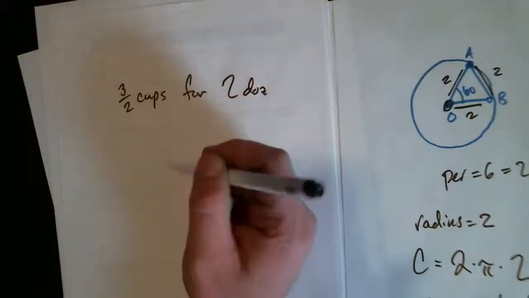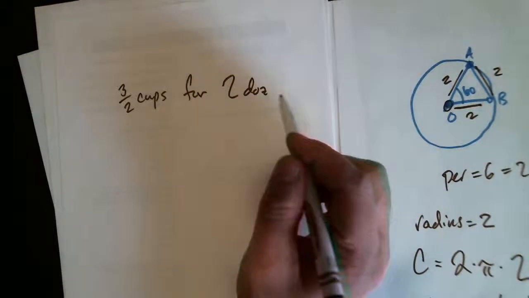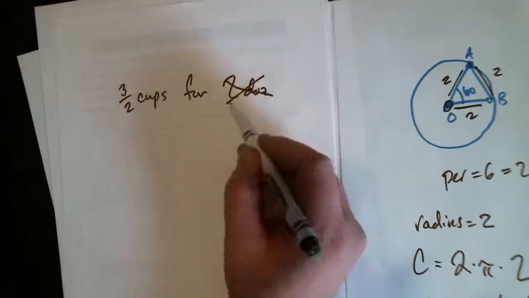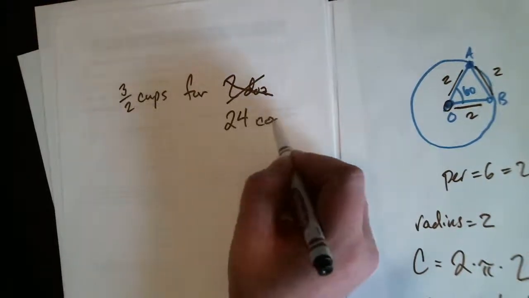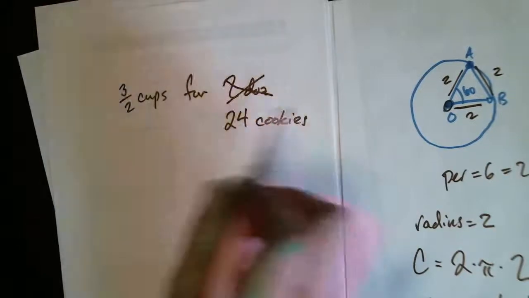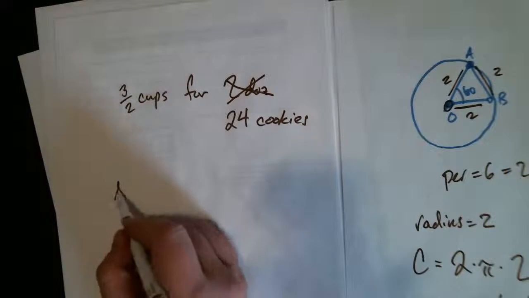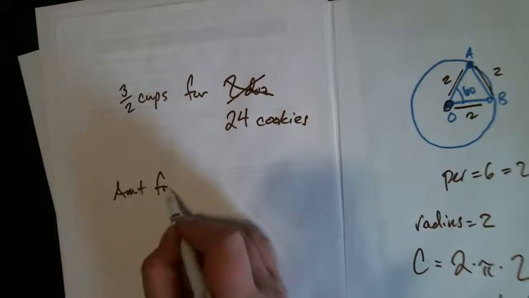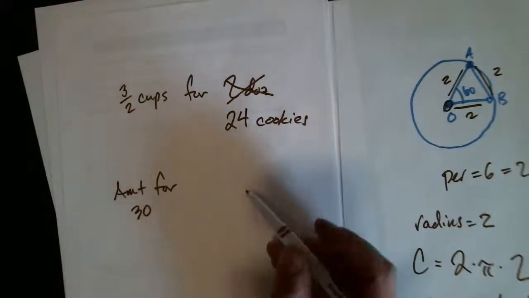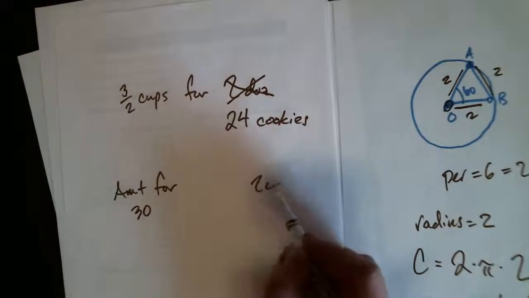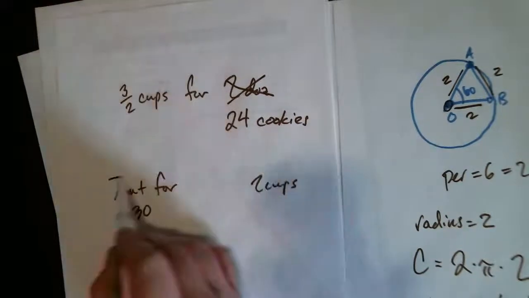So 3/2 cups for 2 dozen, which is 24 cookies. We need to compare the amount for 30 cookies to 2 cups. Right. So, thoughts?